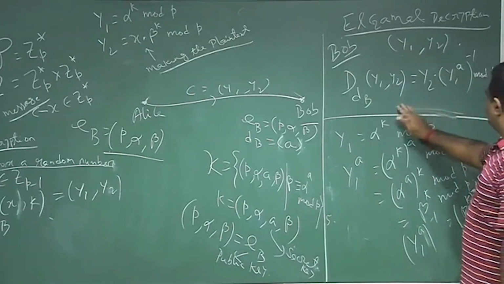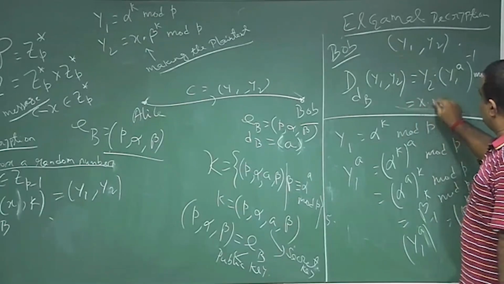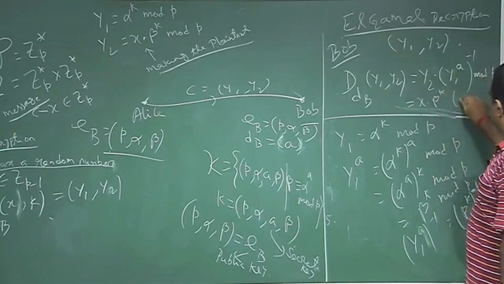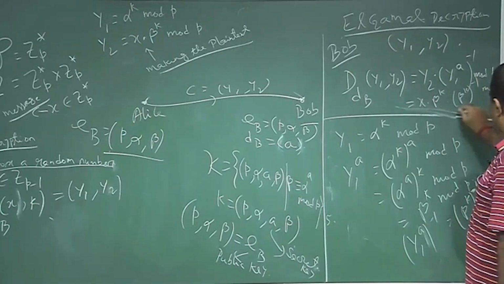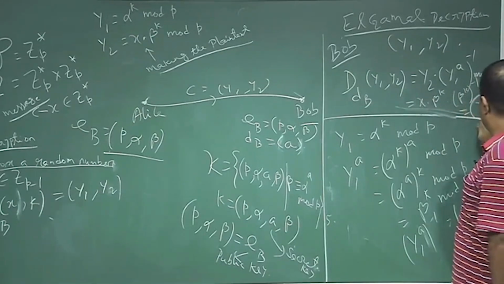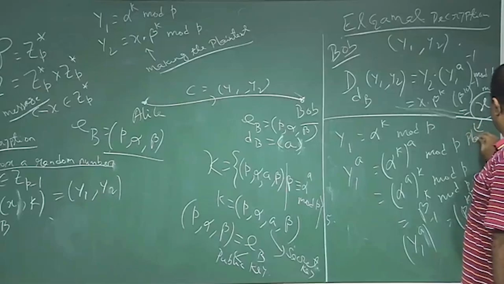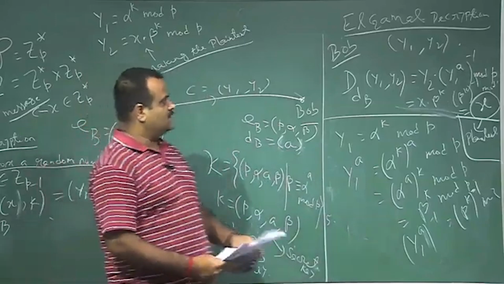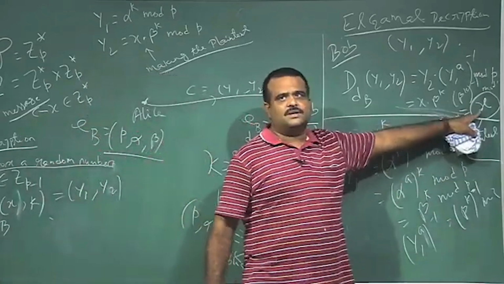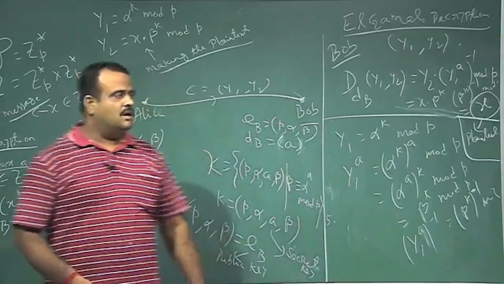Now if we put it here, this is basically x into beta to the power k and then beta to the power k inverse mod p. So this will give us x, the message or the plain text. So this is the decryption. We are getting back the message x.